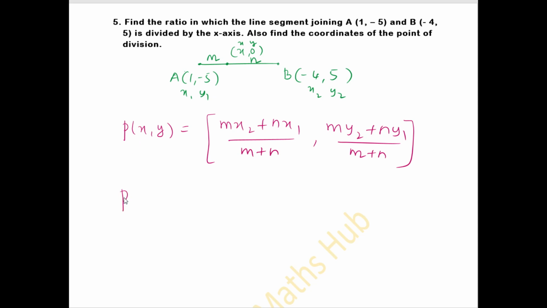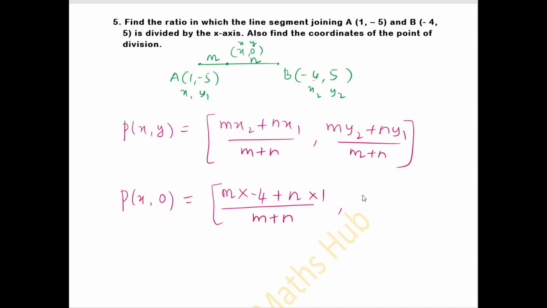Now what is the point P? The x coordinate is x as it is, the y coordinate is 0 because the point is on the x-axis. On the x-axis the point is of the form (x, 0). What is m? M as it is, we need to find out. x2 is -4, n as it is, x1 is 1, whole divided by m plus n.